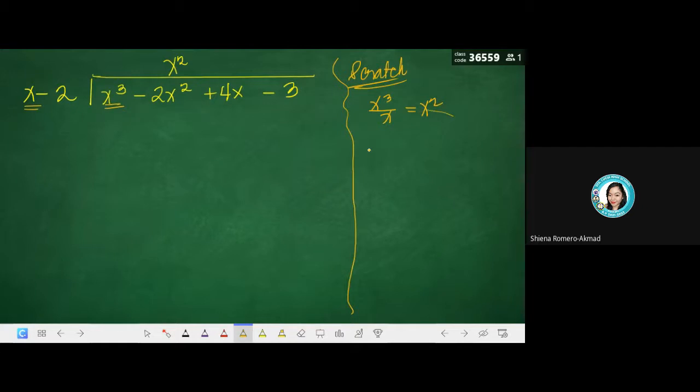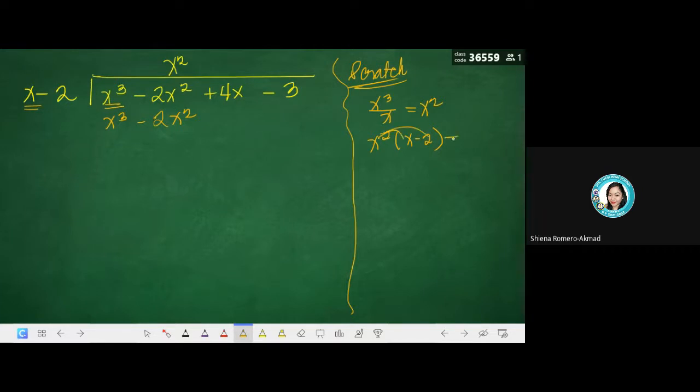Okay, pag nag-scratch ka, ganyan ang itsura niya. Pero pwede siya diretso. Next, multiply natin. So, that is x squared times x minus 2. So, pwede mo siya shortcutin. Kung kaya mo na, you have x squared times x is x cubed. X squared times negative 2 is negative 2x squared. Okay?